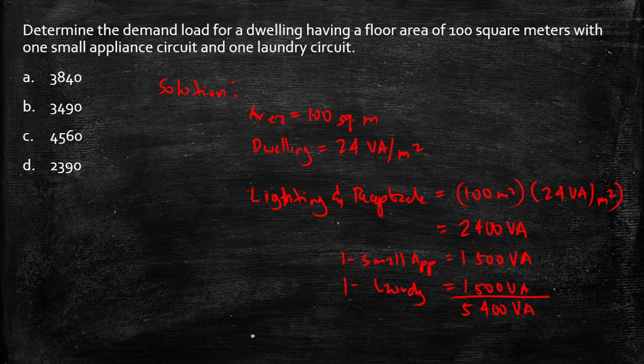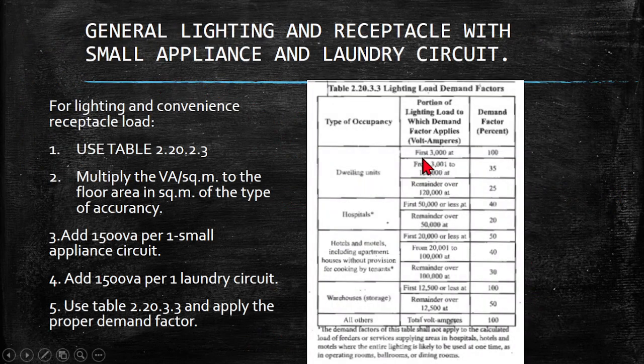So our total demand load: since this is a dwelling unit, from the table, the first 3,000 is 100%.